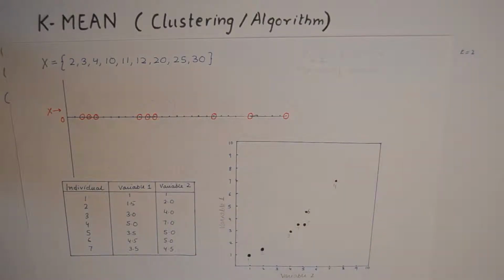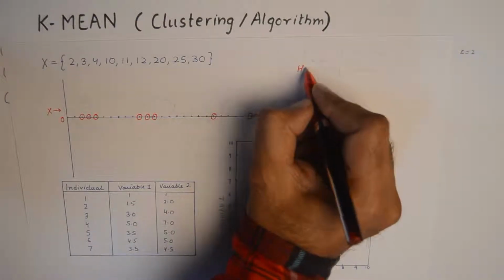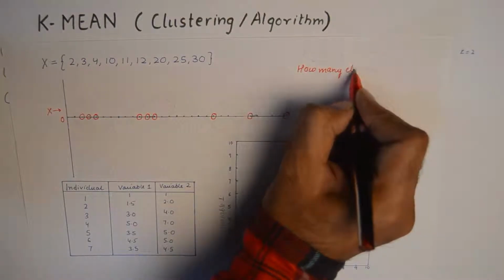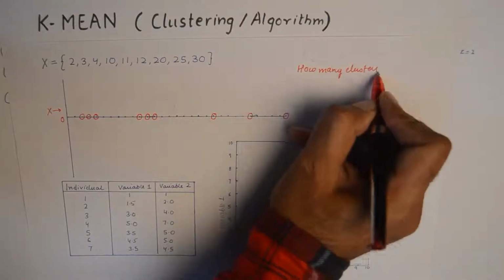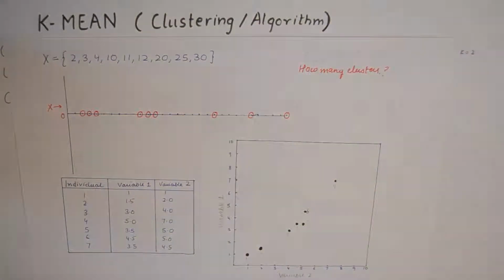Now in k-mean clustering, the first thing that we need to address is how many clusters we wish to make. This is the first question that we need to answer, and this entirely depends upon the situation, what you wish to achieve from the data interpretation.